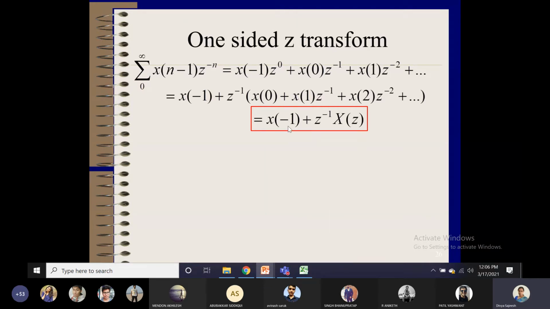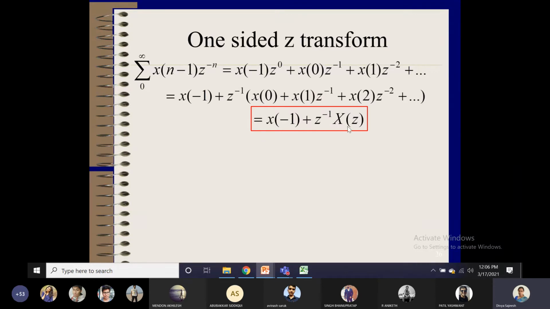So it will be x of minus 1 plus z inverse into X of z. So the z transform of the shifted signal x of n minus 1 is x of minus 1 plus z inverse X of z.